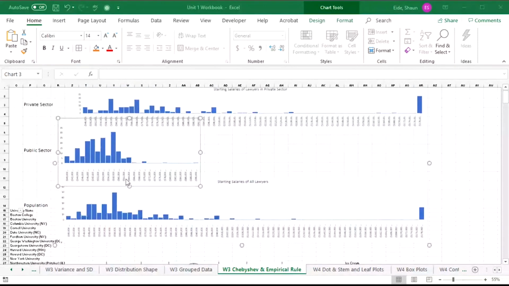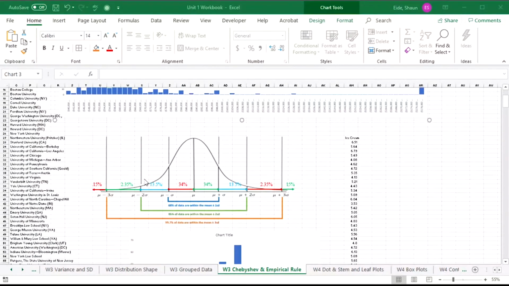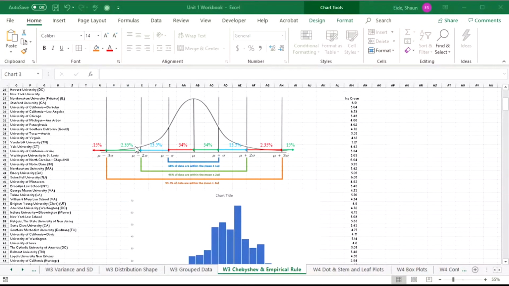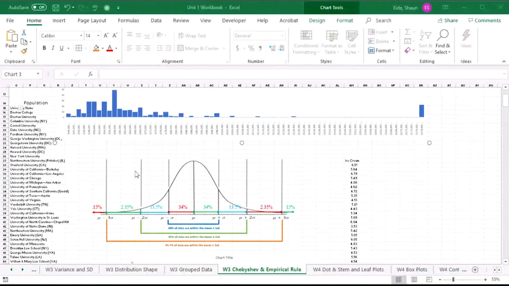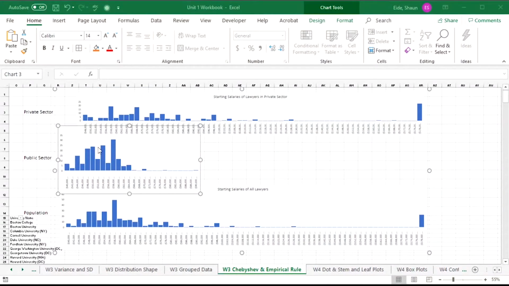What that means is that it follows this perfectly normal bell curve, where you've got 68% of the data within one standard deviation, and then you've got 95% of the data within another standard deviation, and 99.7% of the data within 3 standard deviations of the mean. Right up here, the public sector is pretty close to doing that.